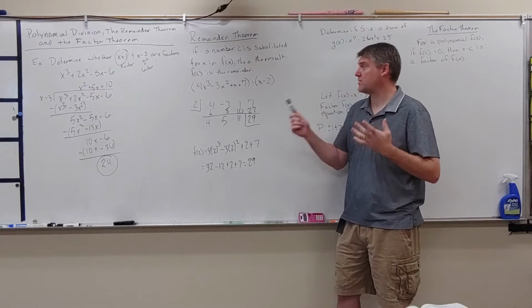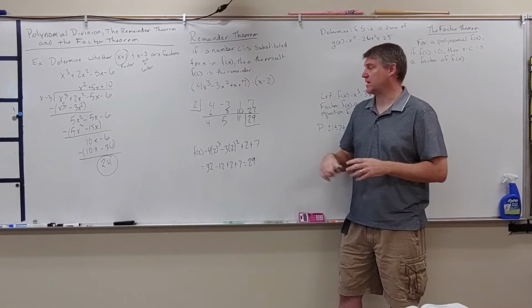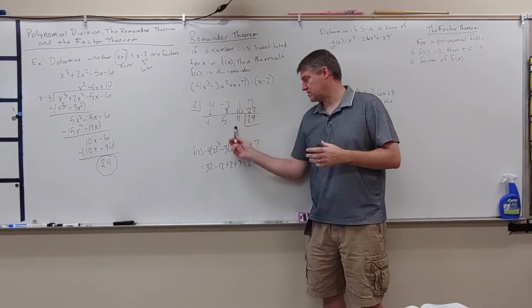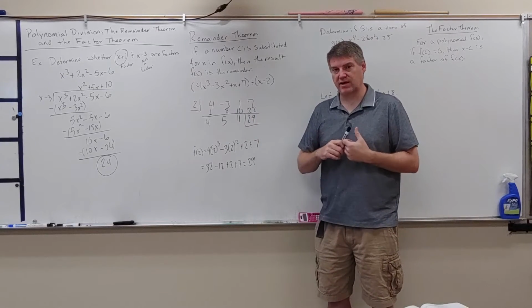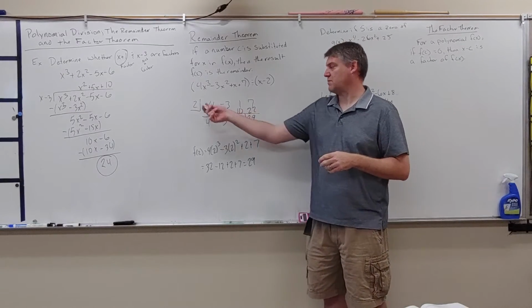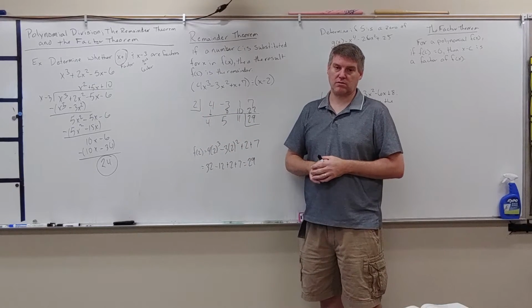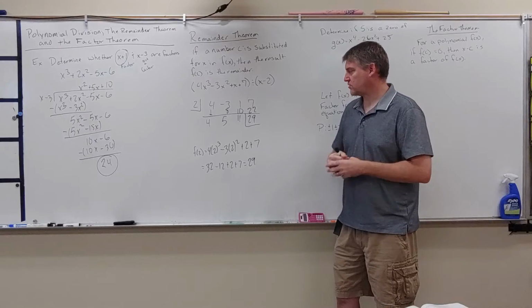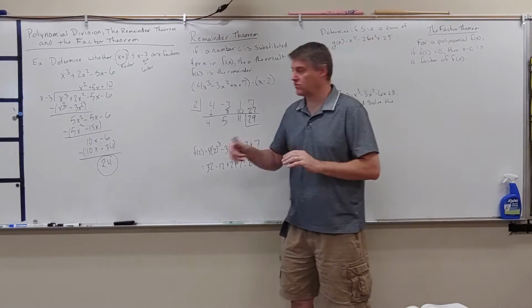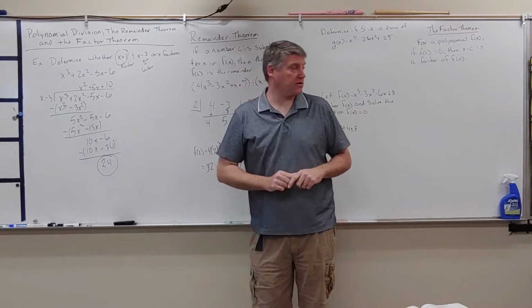So that's what the remainder theorem is stating: if I do this division, especially synthetic division, whatever my remainder is, that is the same as if I plugged in that value. Okay? So we have to make sure that we understand how to use that. Even in long division, we can do that also.